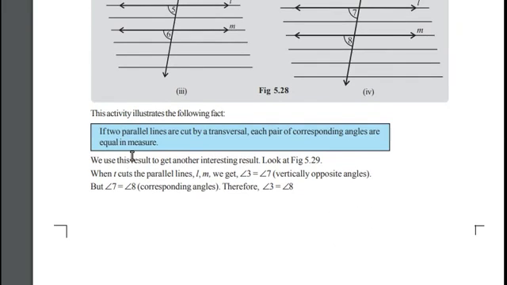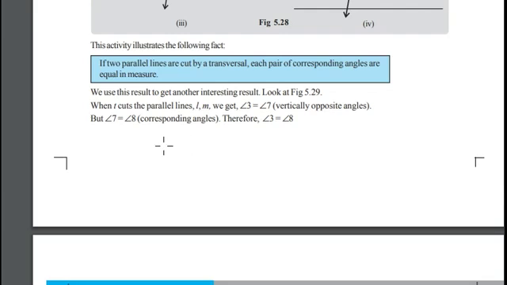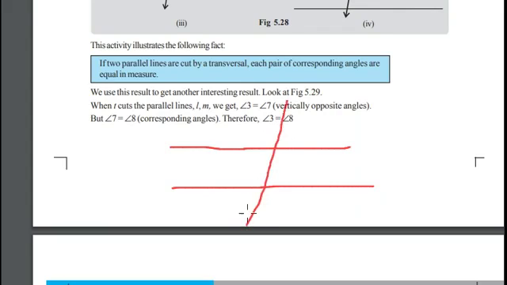If two parallel lines are cut by a transversal, each pair of corresponding angles are equal in measure. Say for instance, there are two parallel lines and a transversal cuts these two lines at two distinct points. The measures of corresponding angles are equal. For instance, we call it angle 1 and we label the other as 2.